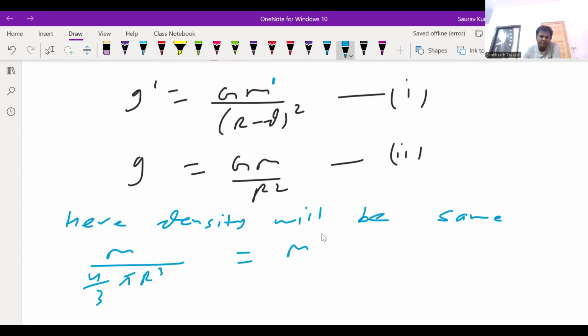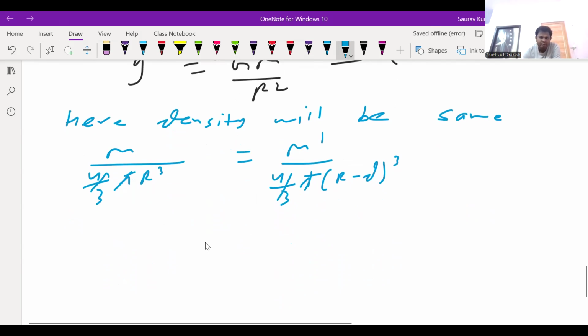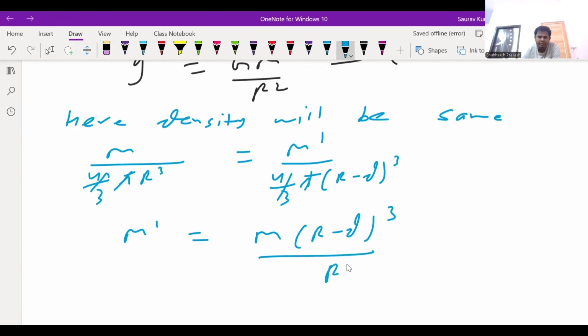Next, for M dash, here it will be 4 by 3 pi, and the radius is R minus d whole cubed. Here this 4 by 3 pi and this 4 by 3 pi will cancel. What value of M dash have we got? M dash is equal to M into R minus d whole cube by R cube.